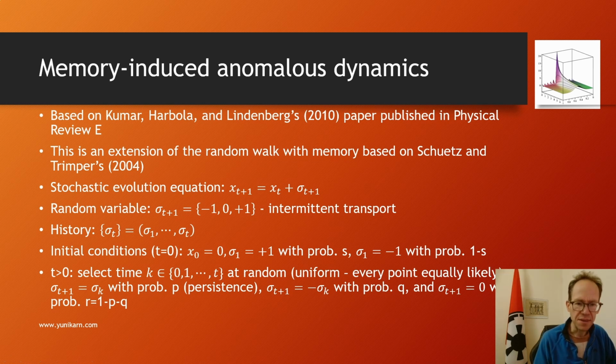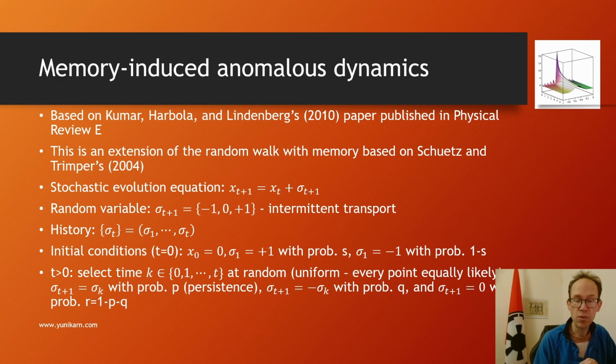Once time progresses, a history emerges and we select a time k at random based on all the previous points in time. This is exactly in line with the elephant random walk. After selecting time k, we take the random variable using the following process. Sigma_{t+1} is equal to sigma_k with probability p, so that is persistence, and minus sigma_k with probability q.